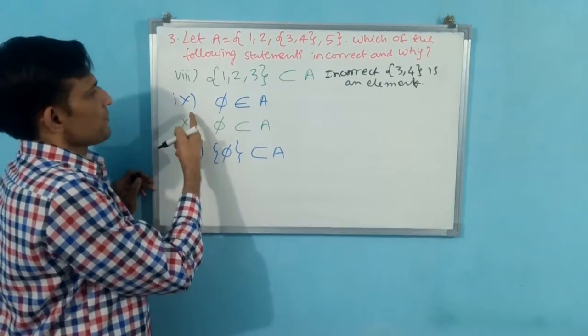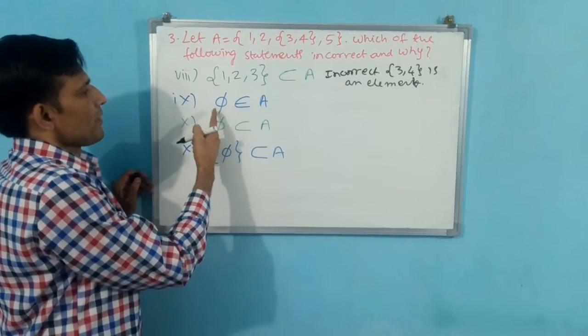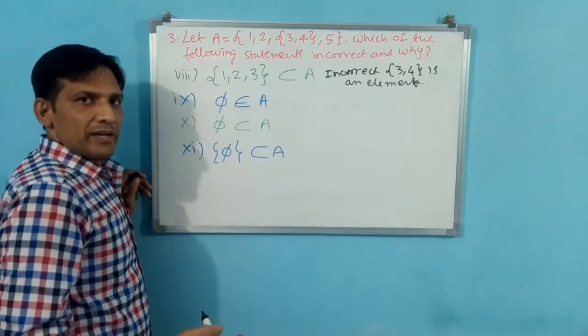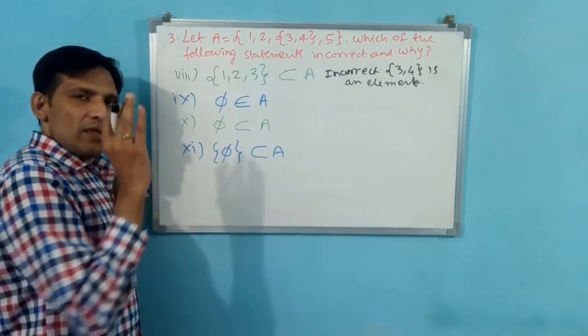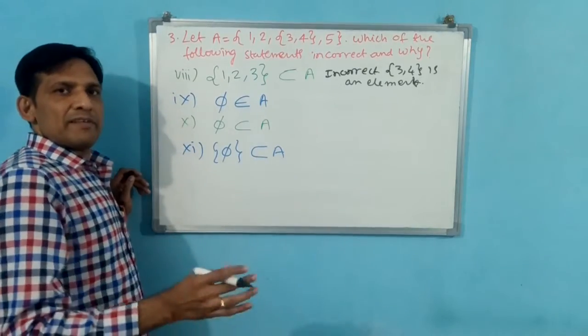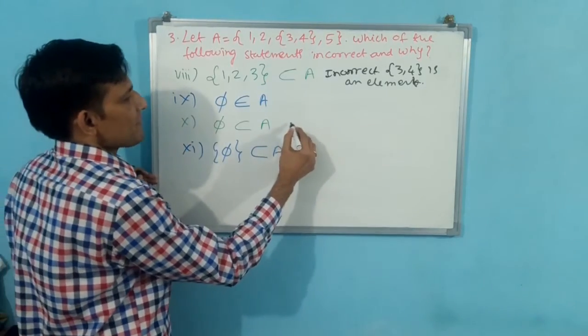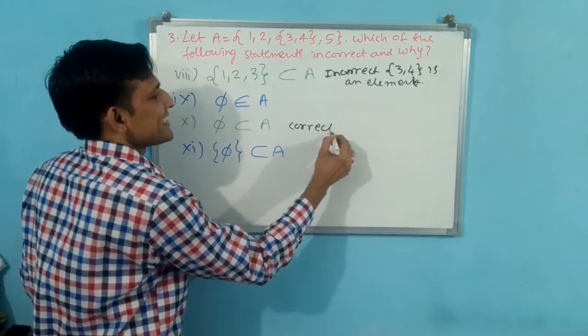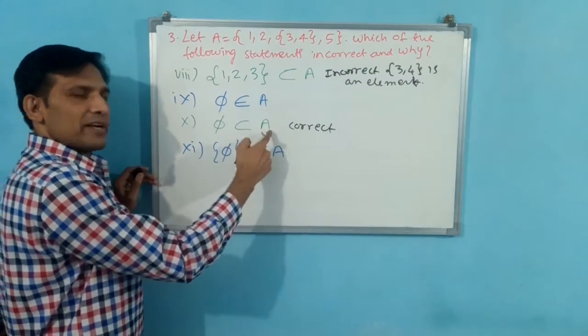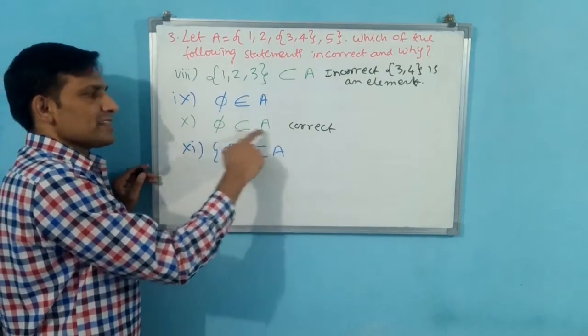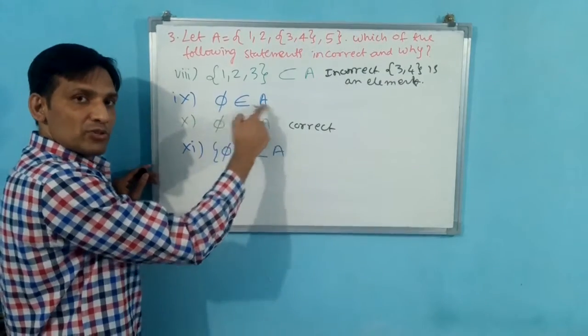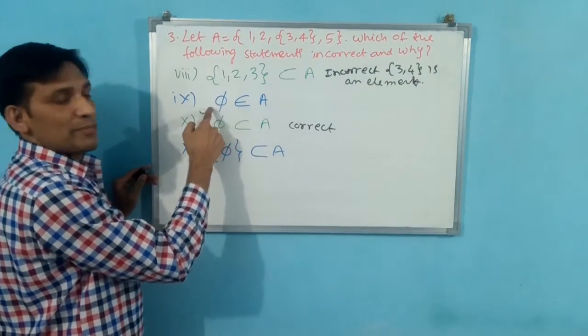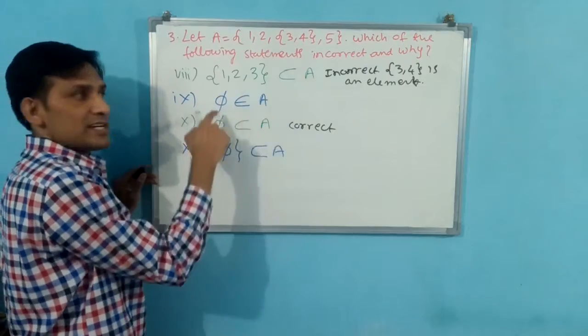Now you see the ninth one. 5 belongs to A. See, the empty set is a subset of everything. Now I write first here, correct. The empty set is a subset of every set. But the empty set does not belong to A. Why? Because if 5 is inside the empty set, then it is okay.